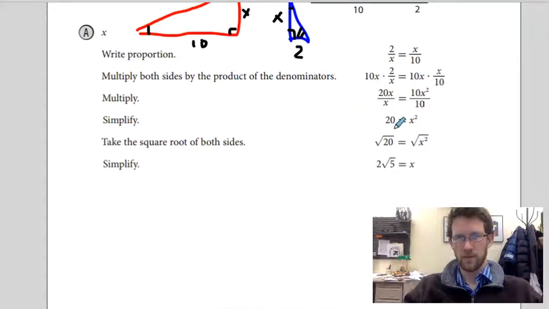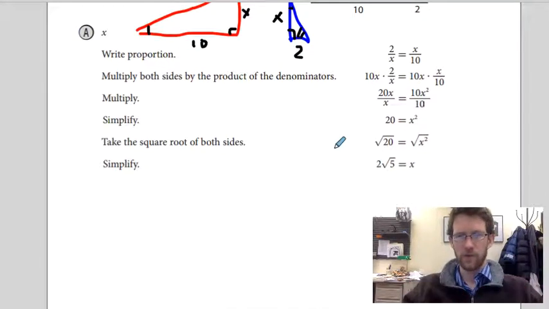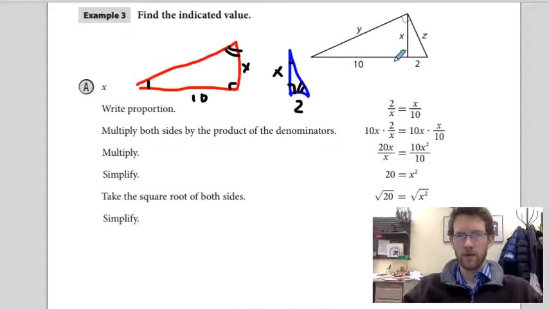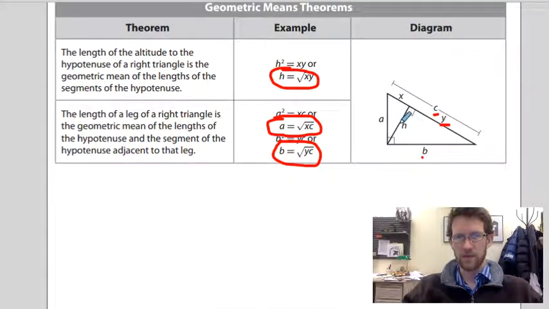Or we can take the square root and say that x is equal to the geometric mean of 10 and 2. So we did it here without using the cool theorem, but if we use the cool theorem, h here, this altitude, is equal to the square root of x and y.